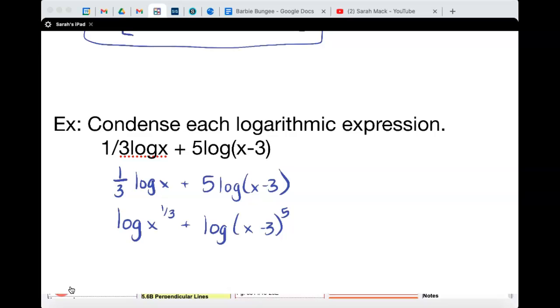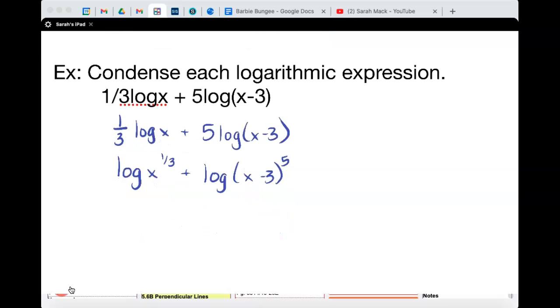Okay, how do I move it over there? What property is that? Product. Yeah, so we're going to write it as a multiplication product. So log of x to the 1/3, then times x minus 3 to the 5th.